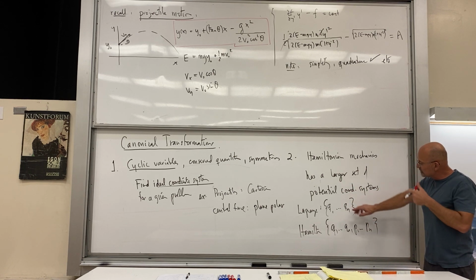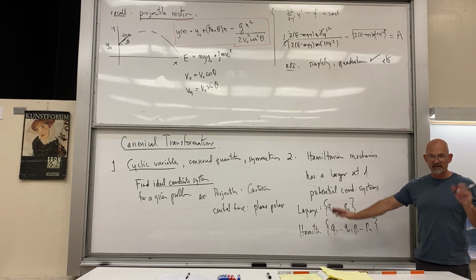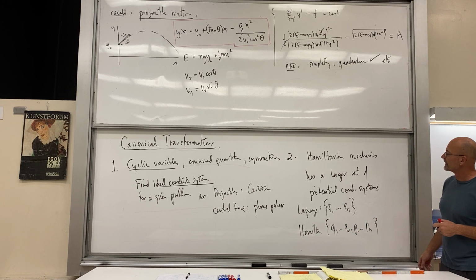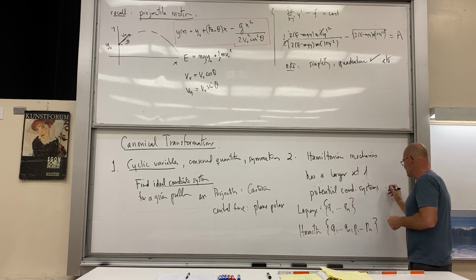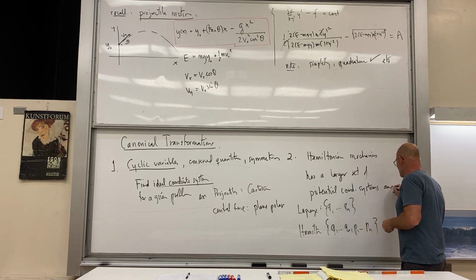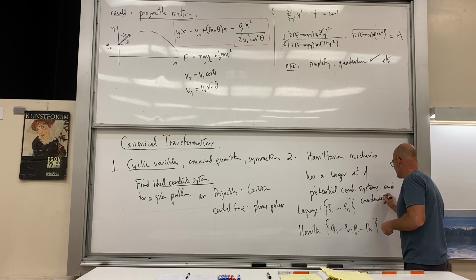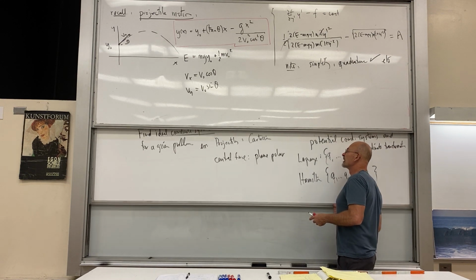What we'll find is the most general transformation for this is just one out of basically an infinity of possibilities. Potential coordinate systems and coordinate transformations. Good, so we have that.